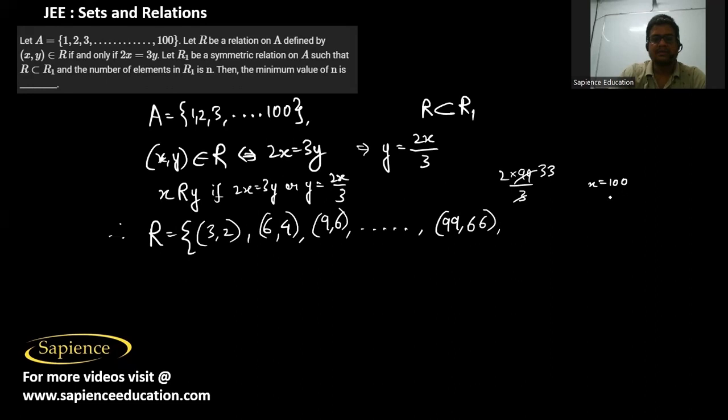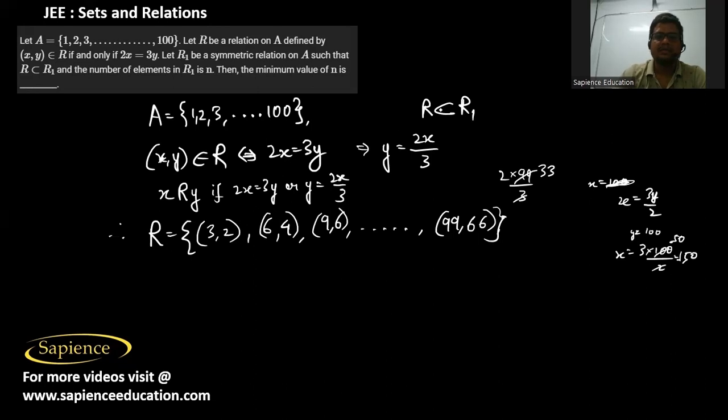So x equals 3y by 2. Now if you take y as 100, then x will be 3 into 100 by 2, which is 150. So 150 is not there, so we can take that away. So it will go till (99, 66).